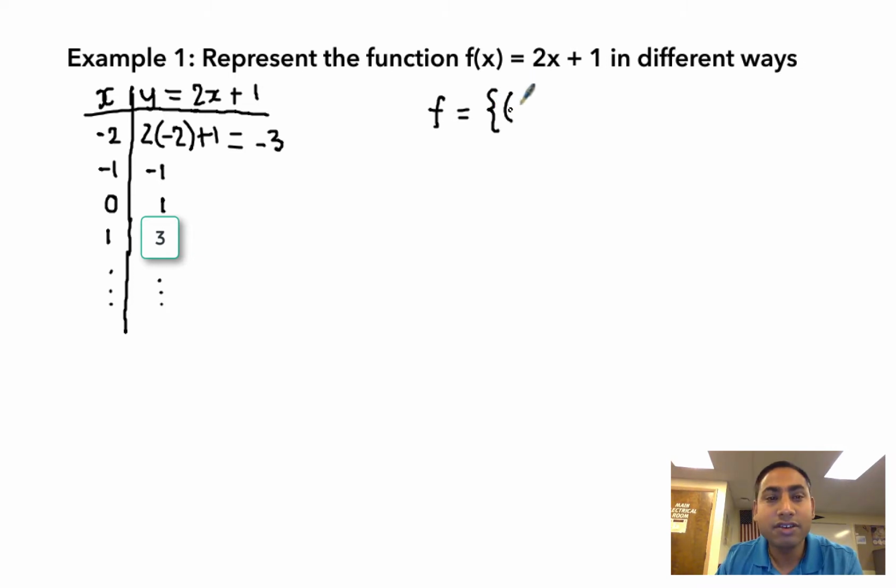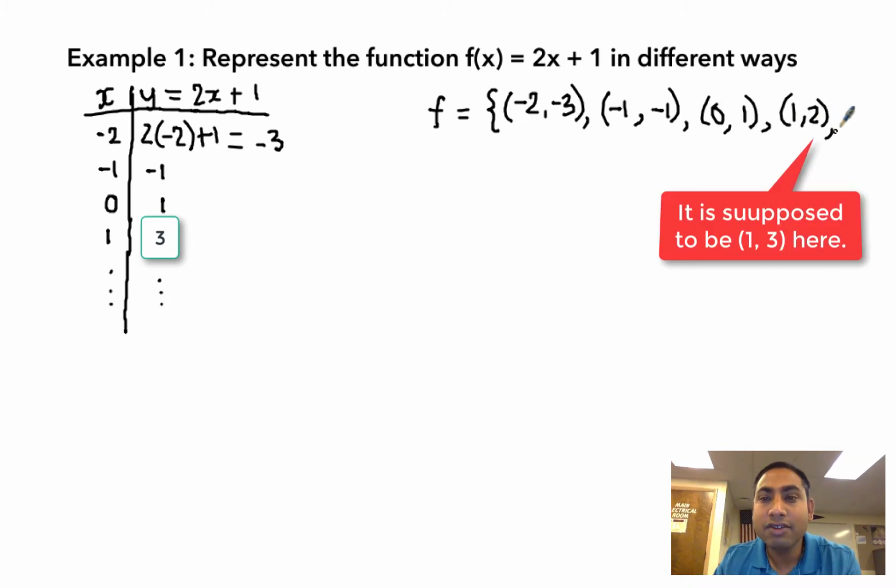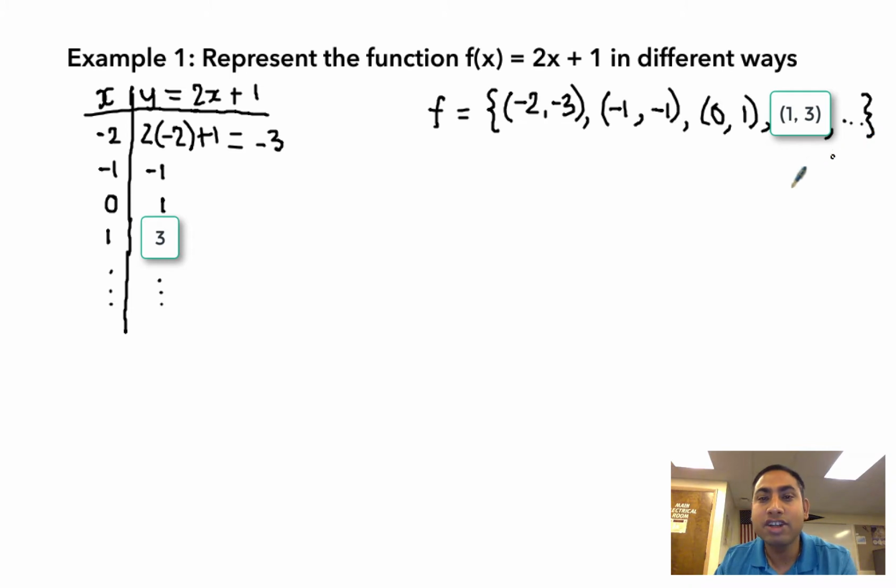So the first one is -2 comma -3, and then separate each of them with a comma. The second one is -1 comma -1. The third one was 0 comma 1, and then 1 comma 2, and then again we're going to do dot dot dot, just so that it means the pattern continues. Alright, so that's the set of ordered pairs.